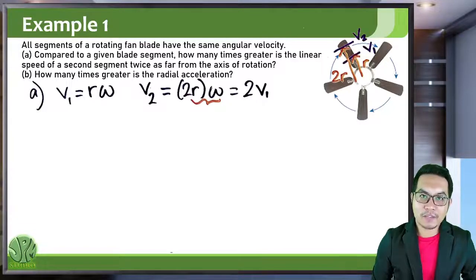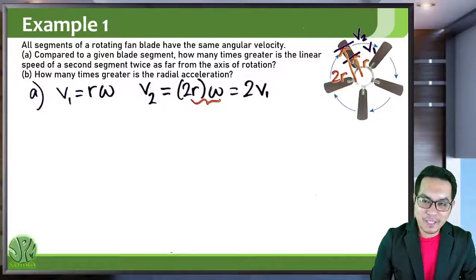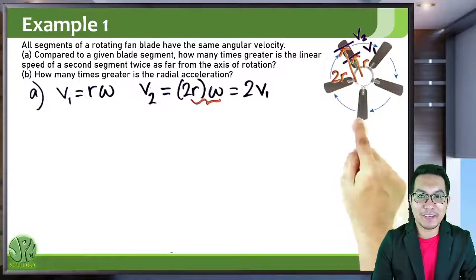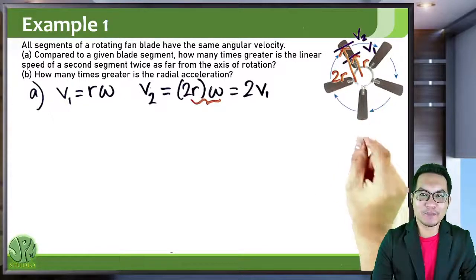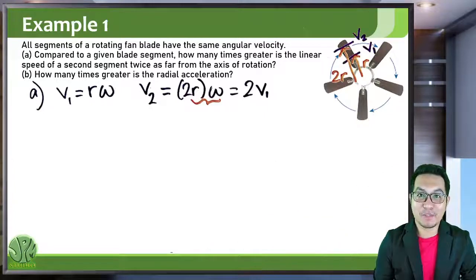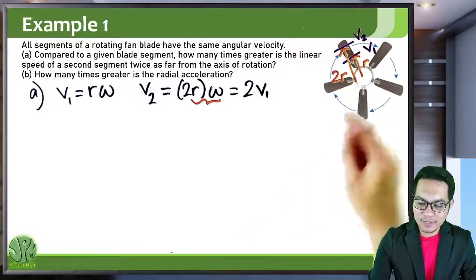So for an electric fan or ceiling fan blade or any rotating fan blade, be careful not to touch the tip of the fan because that has the largest tangential velocity. If you touch that one, then you might get cut or injured.